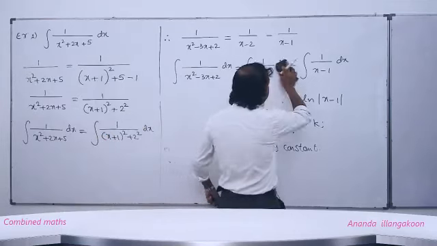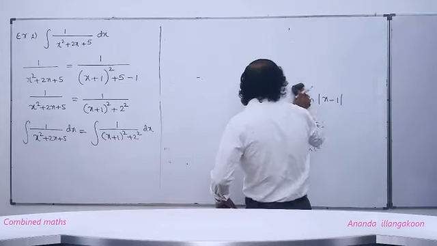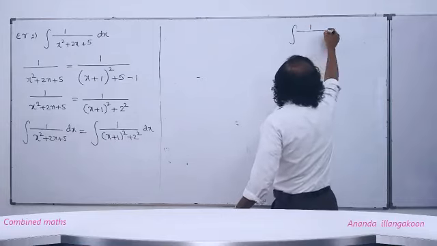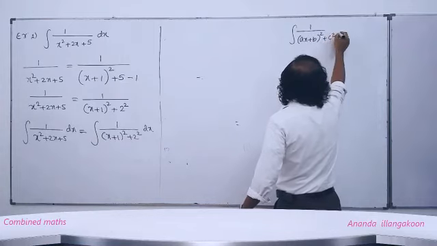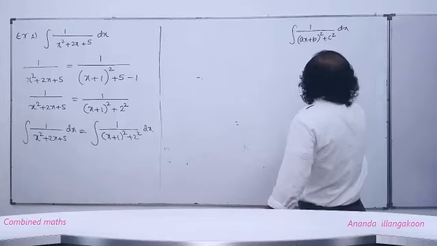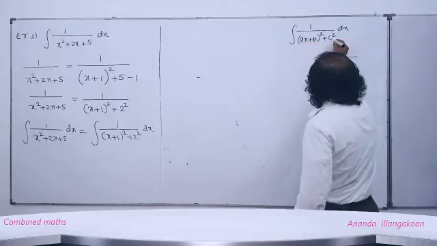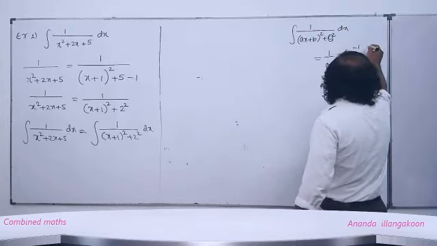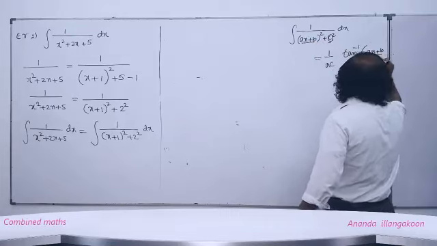We learned one result this way: integral of 1 upon (ax plus b) perfect square plus c square. What is this, people? 1 upon ac, ac meaning x coefficient into this. 1 upon ac, tan inverse of (ax plus b) by c.